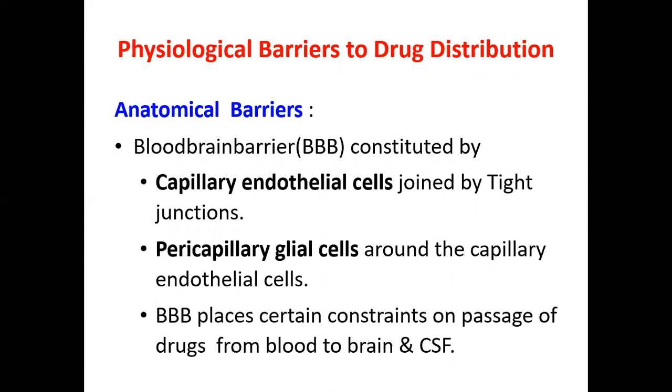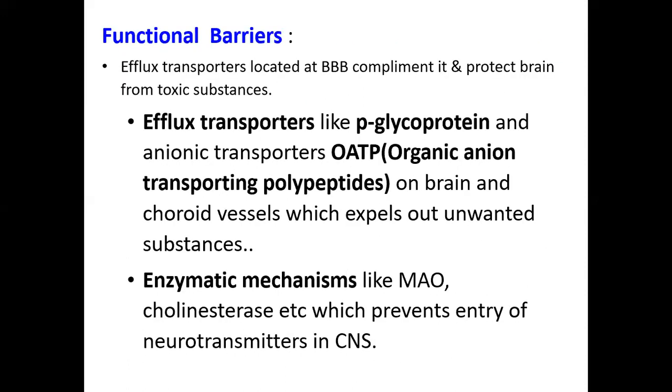This blood-brain barrier mainly constrains the passage of drugs from blood to brain as well as cerebrospinal fluid. Apart from this anatomical barrier, we have functional barriers as well. What is the function of these functional barriers? They are mainly useful in throwing out toxic substances from the brain.